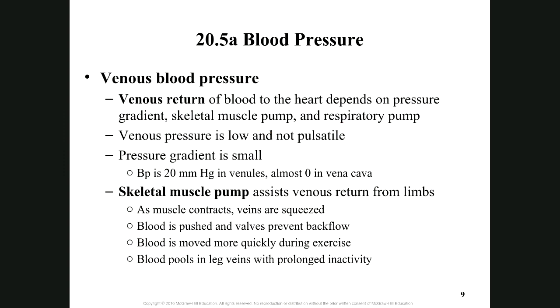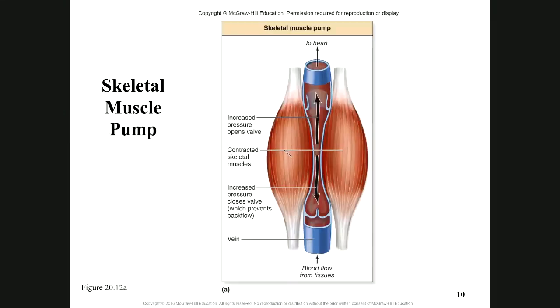Look at this picture. In this picture, you can see the skeletal muscle pump. The skeletal muscle pump can help the movement of blood, specifically in the limbs, lower limbs. As skeletal muscles contract, they can make pressure on the veins and help the blood to go up.